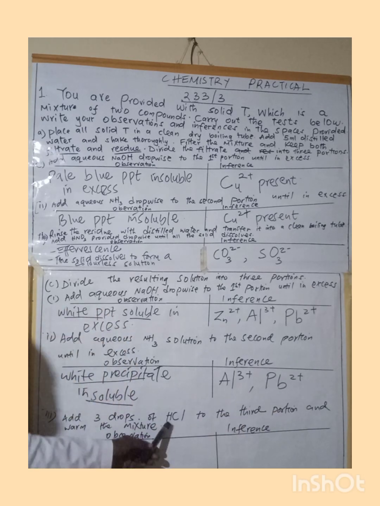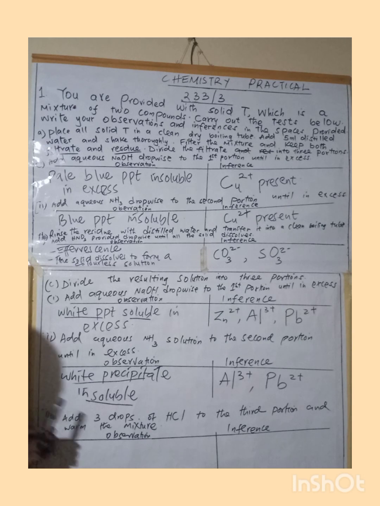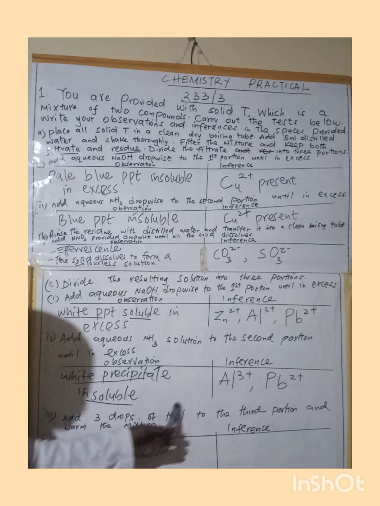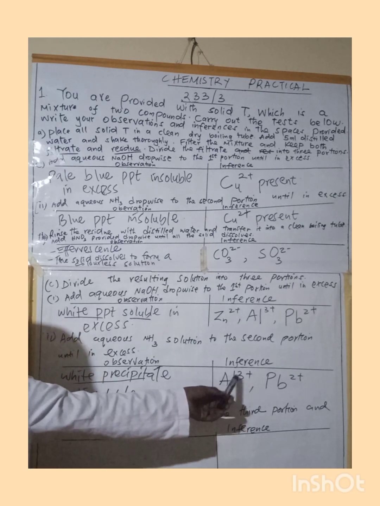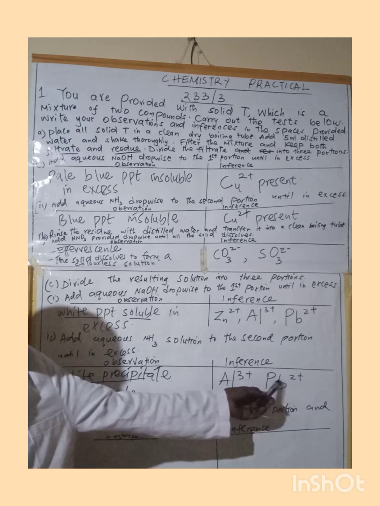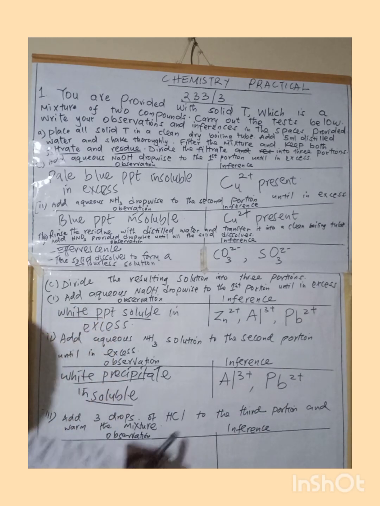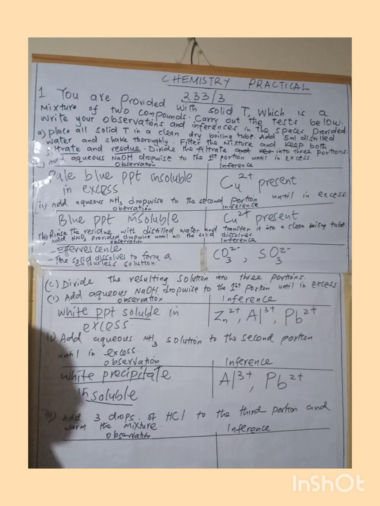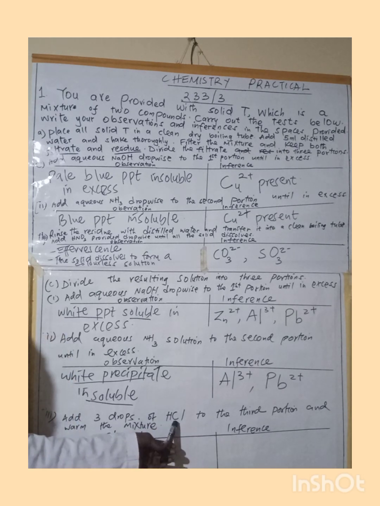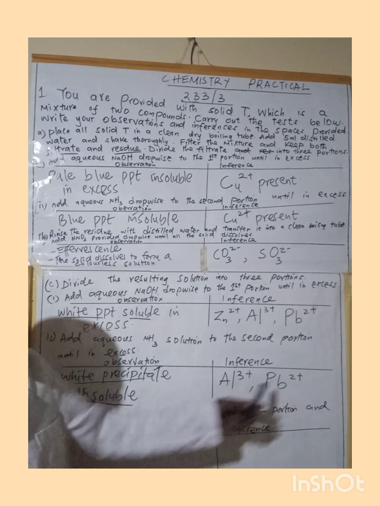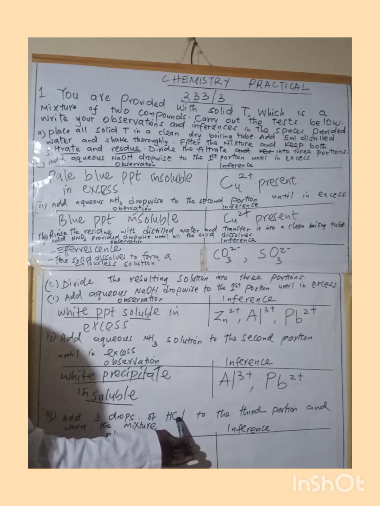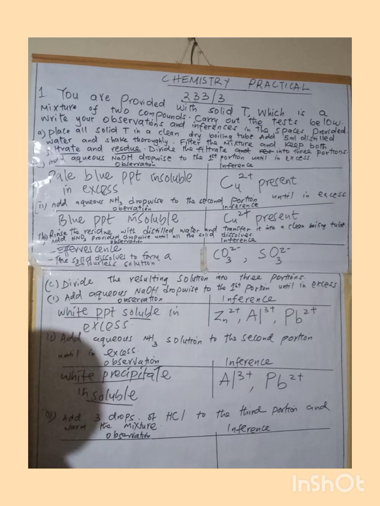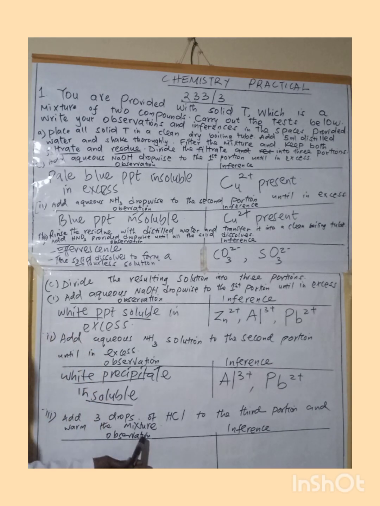We add HCl, which is dilute, to now confirm which ion is present actually. So when you add HCl, it means we are getting the chloride to react with the cation, aluminium or lead. You know very well, aluminium chloride is soluble, so if you see a colorless solution formed, you confirm aluminium ions. But lead chloride is insoluble, but on warming it dissolves. So they are saying, and warm the mixture.